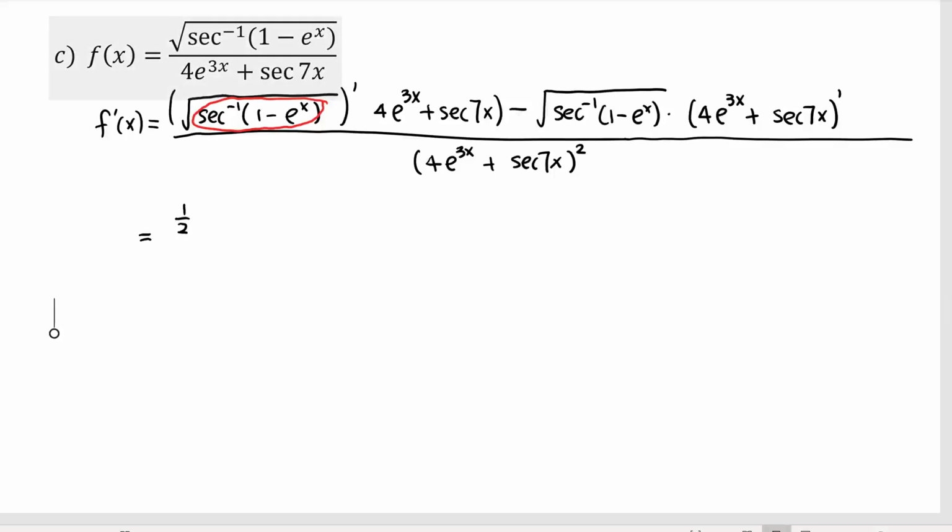That's 1/2 u to the negative 1/2 times u prime.